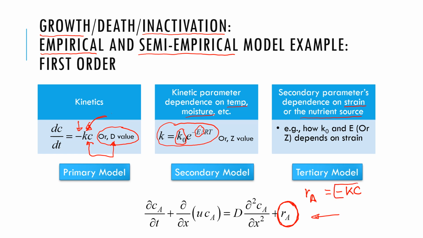So this term will be incorporated as the source term, and then the K itself would come from its dependence on temperature, like in an Arrhenius kinetics. So that's how the growth, or in this case inactivation, is going to be incorporated in the framework.